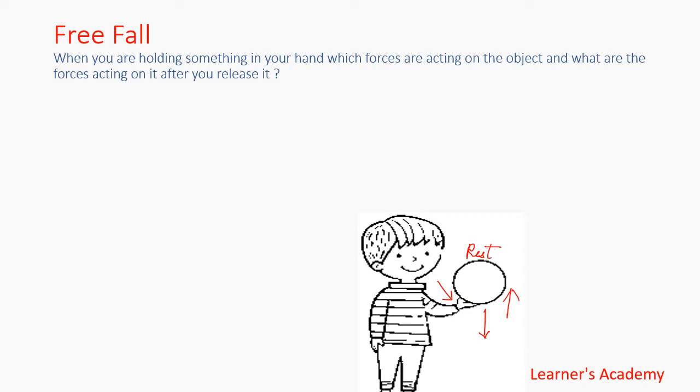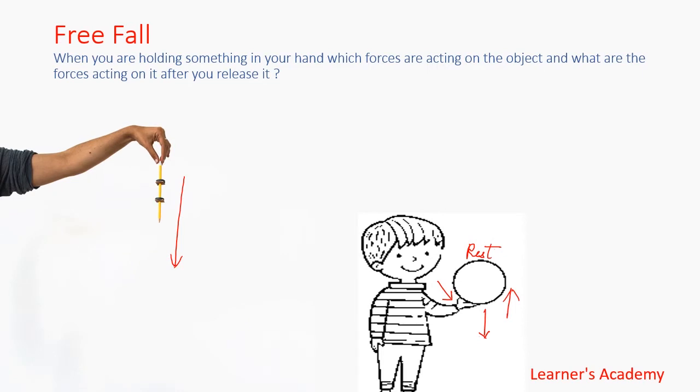So now if I say you are holding a pencil in your hand and you are just releasing it, all right? Now once you release the pencil, there is one force that is acting on it, and that is the gravitational force of the Earth, all right? Because you are not holding it, the force that you were applying is now zero.